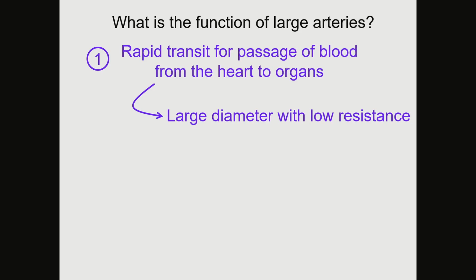Oh, but they're called conductance vessels, okay? We have kind of a name for our large arteries, and besides large arteries, these are conductance vessels because one of their huge jobs is to conduct blood. We're going to see what the names are for the other blood vessels as we go along.